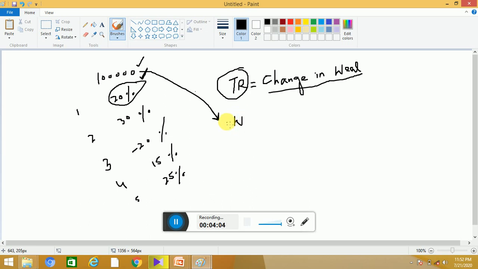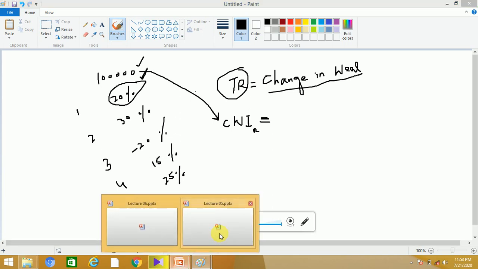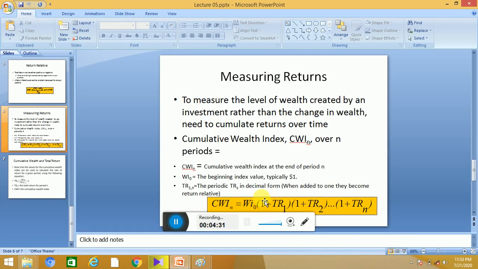So the cumulative wealth index, CWI, is telling us about your total wealth after n periods of time. We discussed this, and we discussed an example also. So this is the formula.